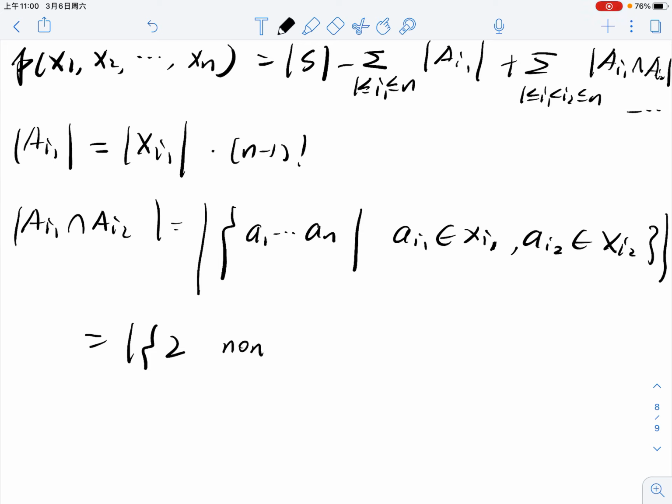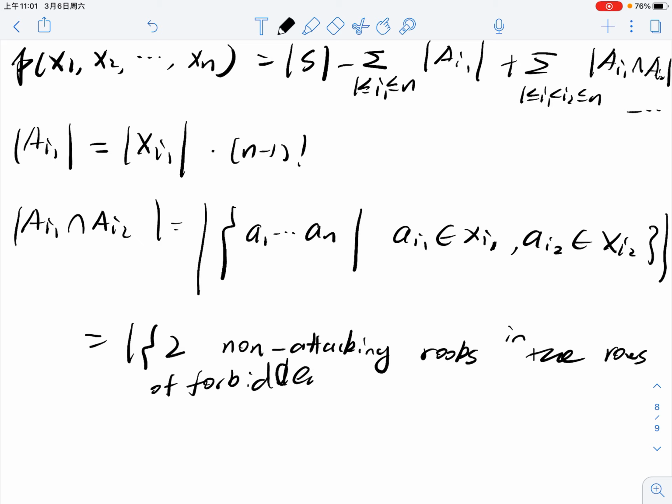First, choose two non-attacking rooks in the forbidden positions.